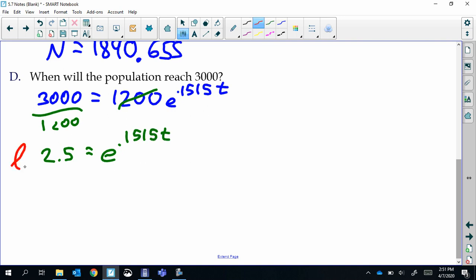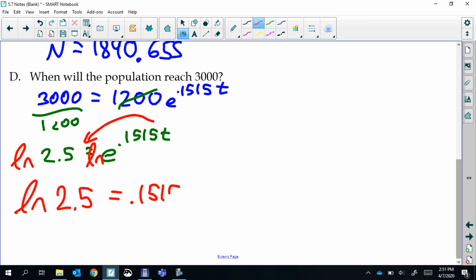Natural log both sides to get the exponent down. Move the exponent to the front. Natural log e always cancels out. It's 1. So then we divide.